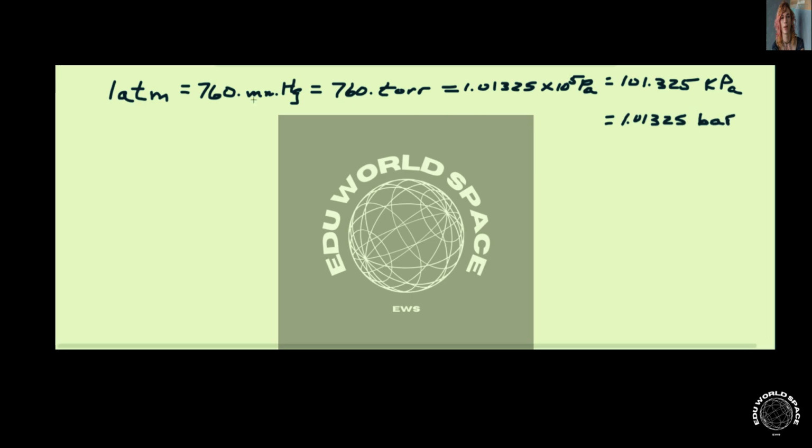So these are all pressure units: atmospheres, millimeters of mercury, torr, pascals, kilopascals, bar, all units of pressure, and each of these numbers represents the same pressure.